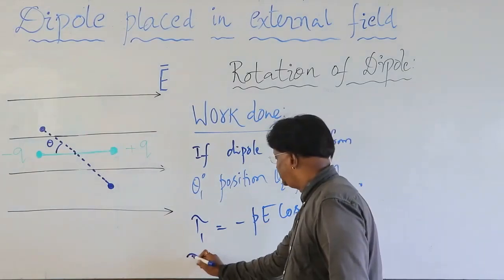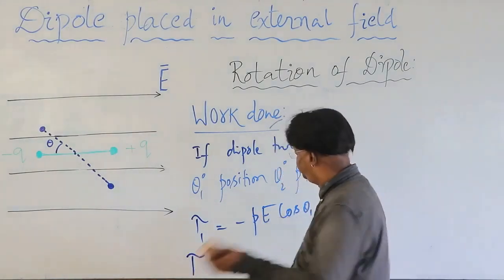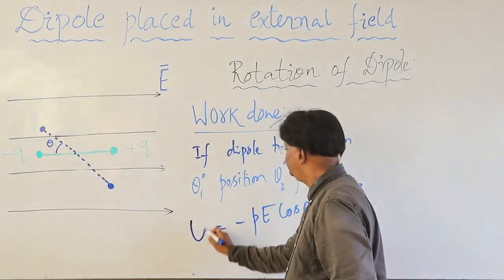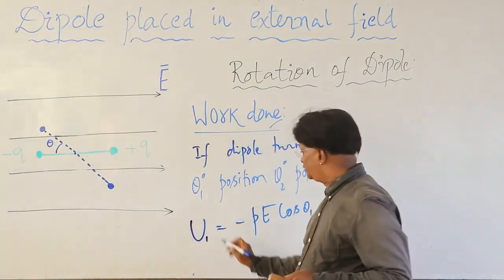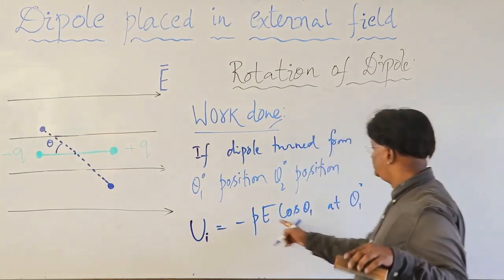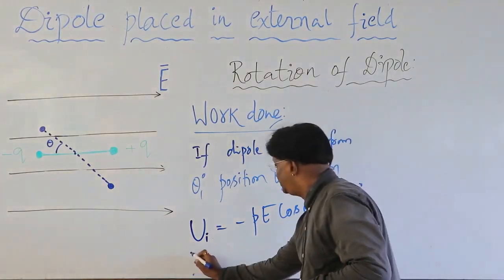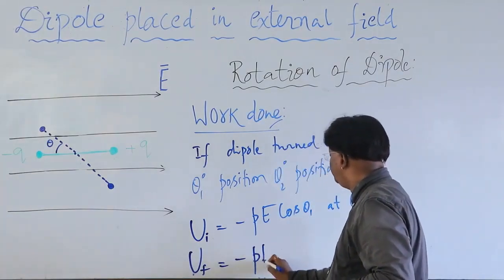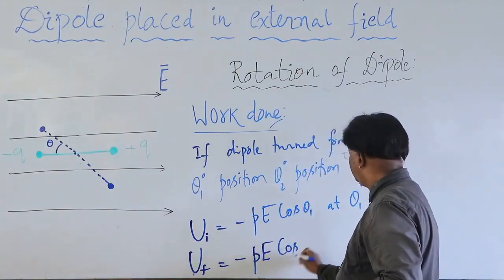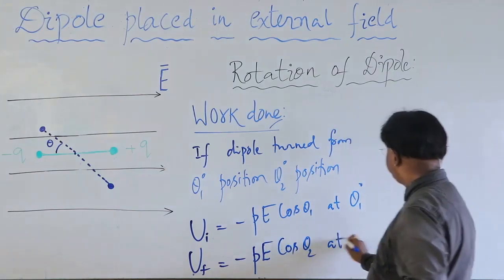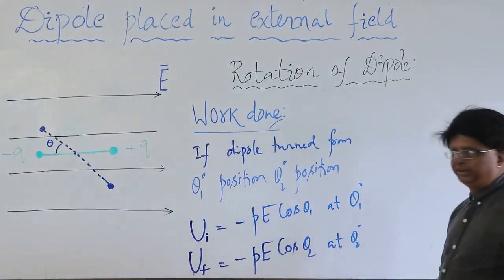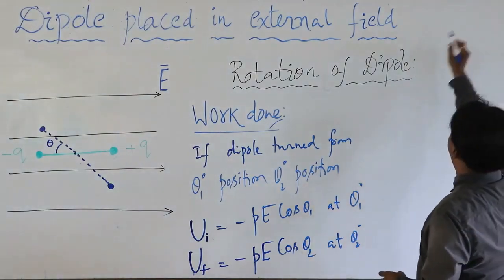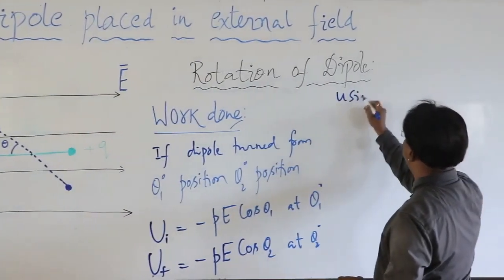So this is U initial, Ui, equal to minus PE cos theta 1, and at theta 2, this is Uf, minus PE cos theta 2 at theta 2 degree position. Therefore now you will write using the work energy theorem.